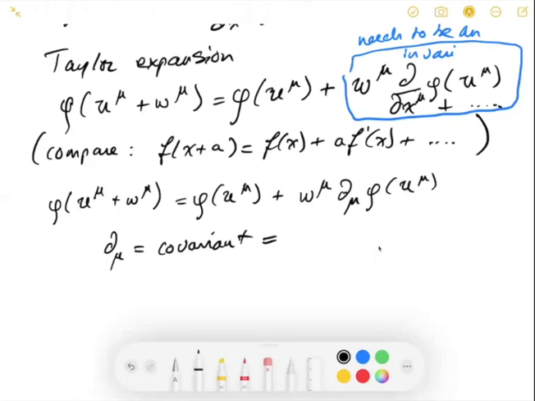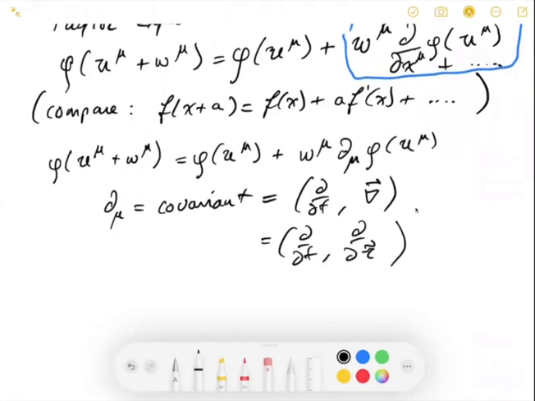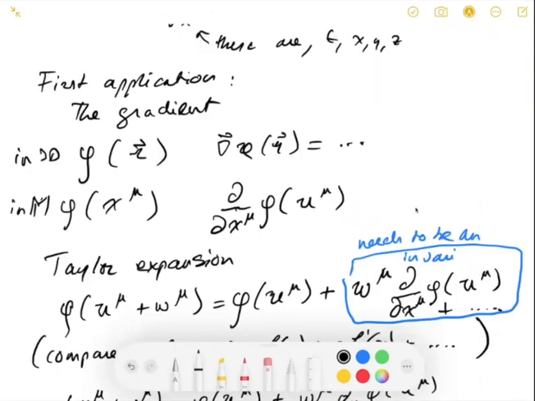And it is, in this case, d/dt and the gradient, or d/dt, d/dr vector. Those are the same notation. All right, so that's the gradient, first application.